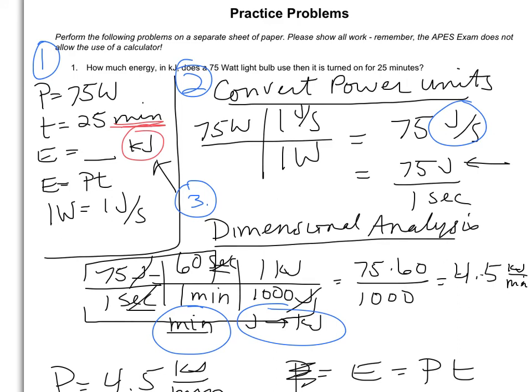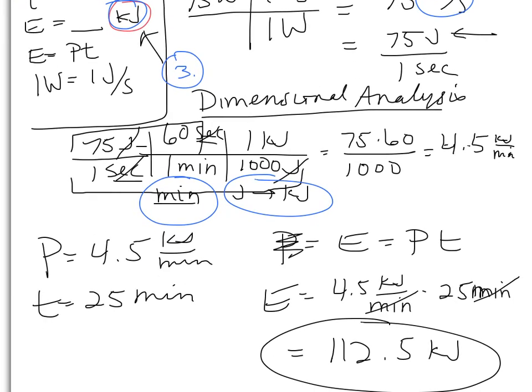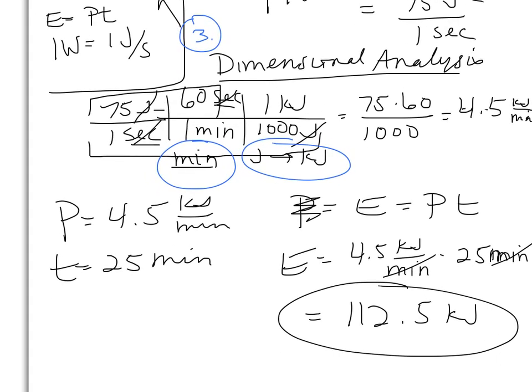We converted to these units because they're the units we were given, and they're the units that we were looking for. And finally, we used our energy equation to plug in and get our final answer of 112.5 kilojoules. Hopefully that helps you solve question number 1 and understand it. We'll do question number 2 in a second.